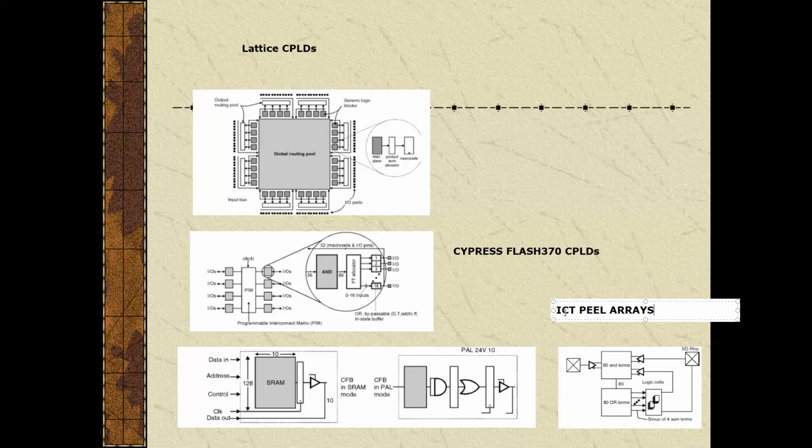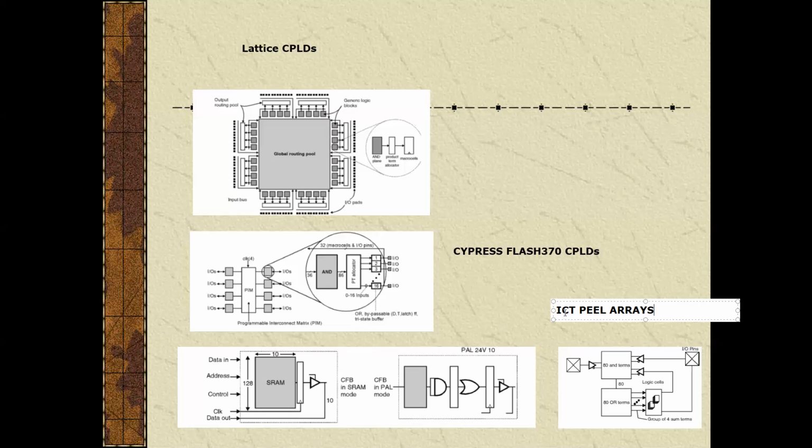Because of the PLA-like structure, the logic capacity of the PEEL array is somewhat difficult to measure compared to CPLDs, and PEEL arrays offer relatively few I/O pins, with the largest part being offered in a 40-pin package.